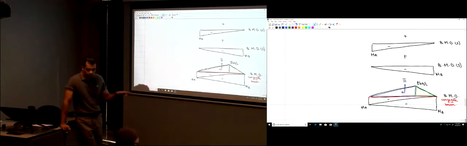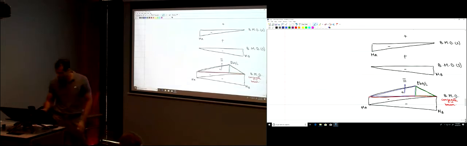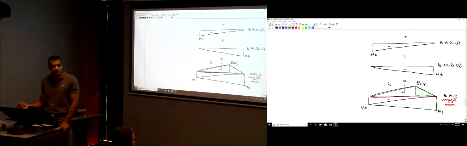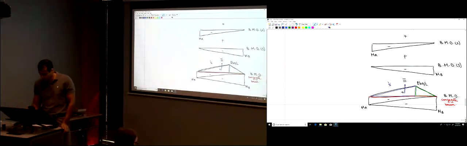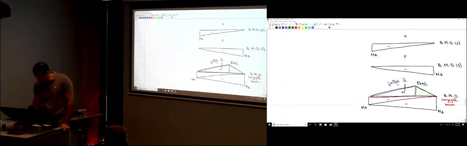But this is a triangular load. So how much is the equivalent force to a triangular load? 1/2 the base times the height. So 1/2 the base. How much is the base? A. How much is the height? PBA divided by L.